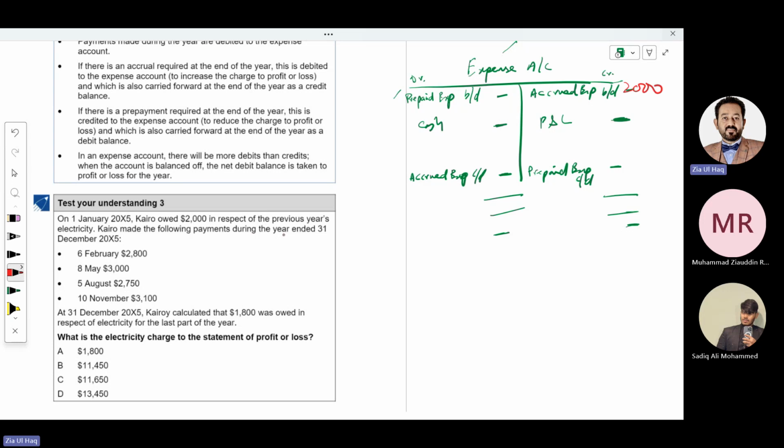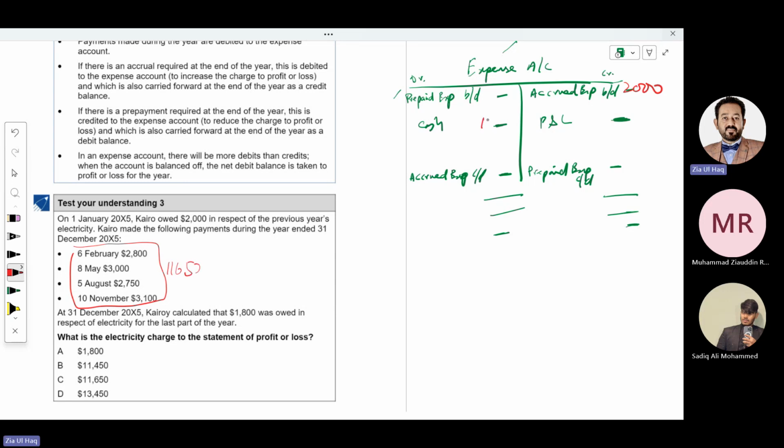Caro made the following payments during the year to 31st December. These are the payments during the year. If we total these payments, 2800 plus 3000 becomes 5800. So 2800 plus 3000 plus 2750 plus 3100 altogether is 11650.